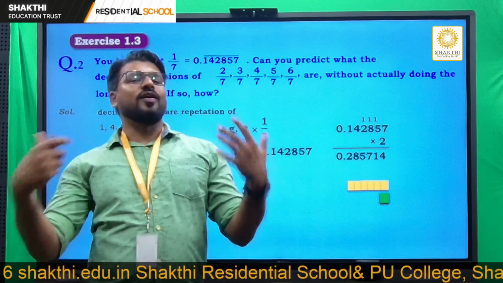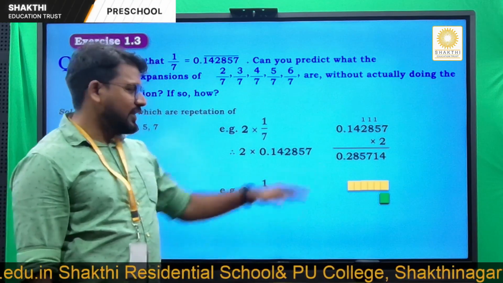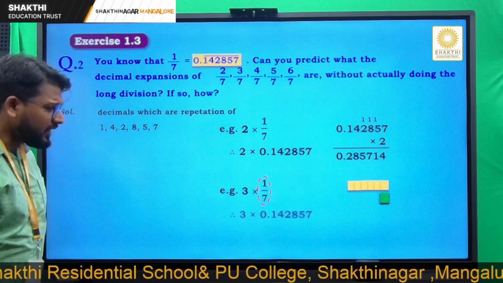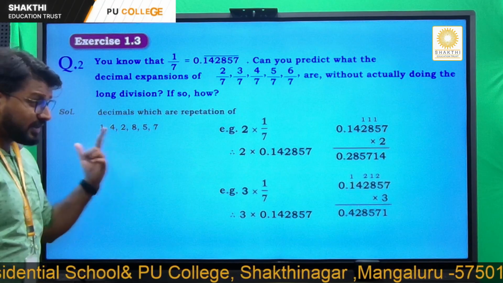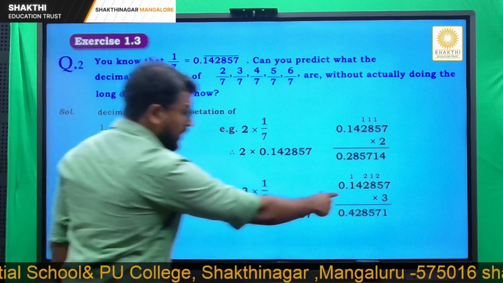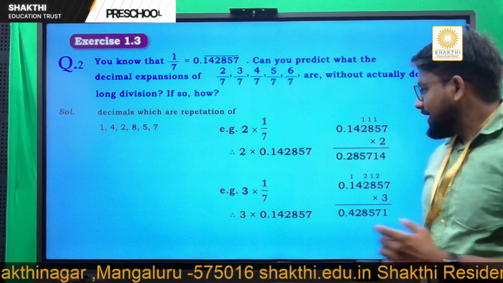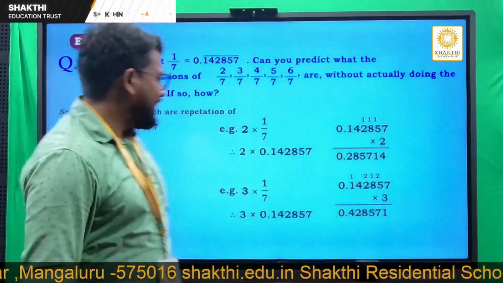You don't need to do the long division method for 2 by 7. You can directly write the answer. Next one is 3 by 7. Similarly, the same process goes here. You can see that I have multiplied already. I hope you got the answer for this one. Very good. Let's go for the next one.